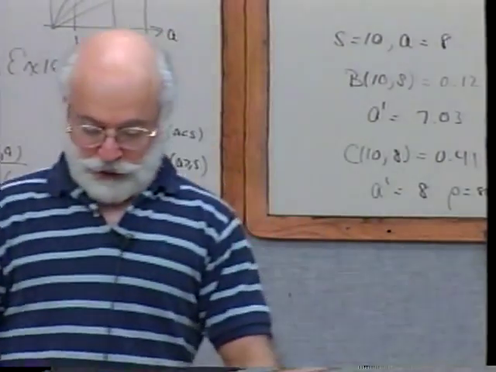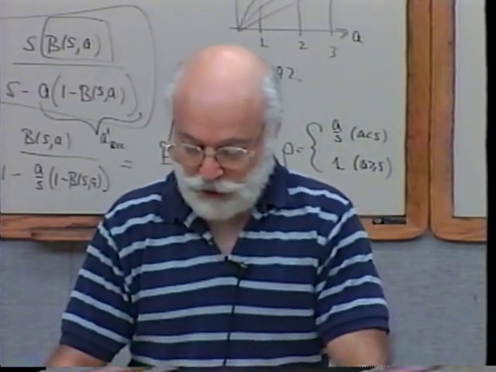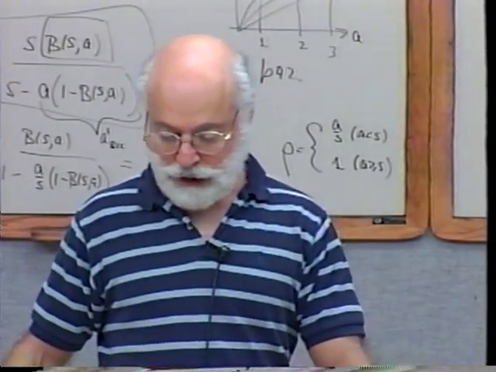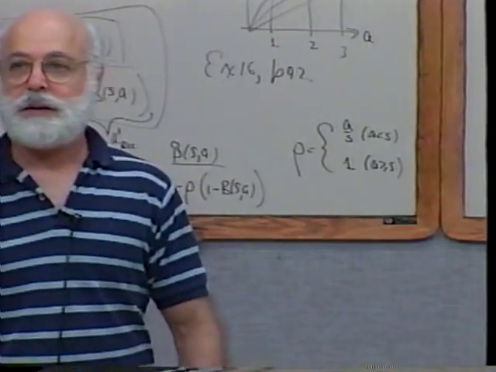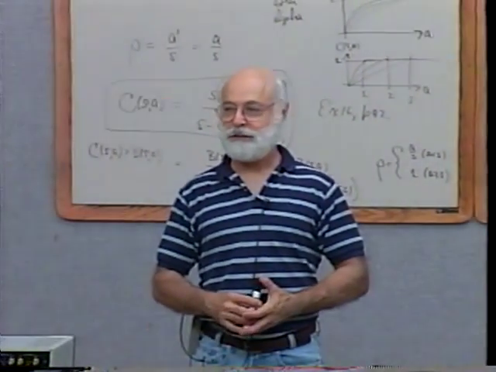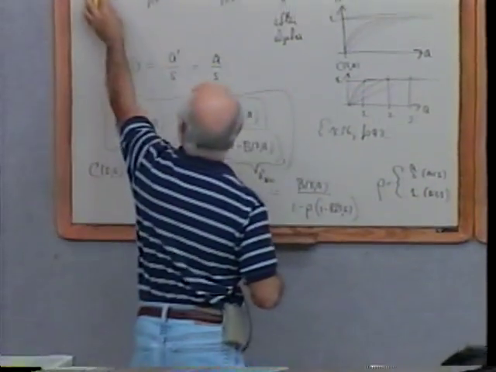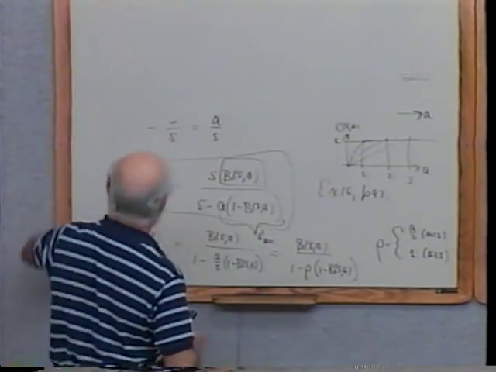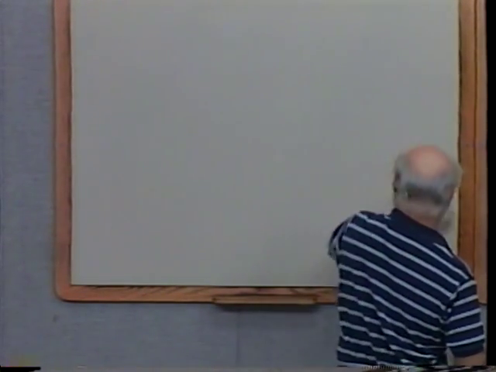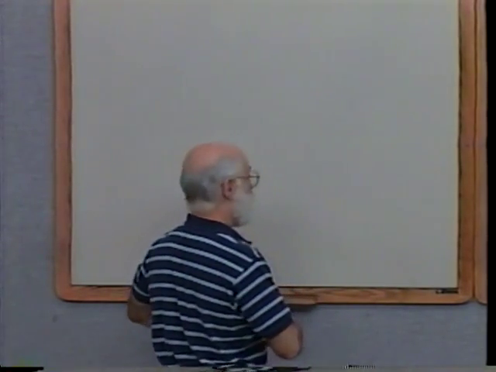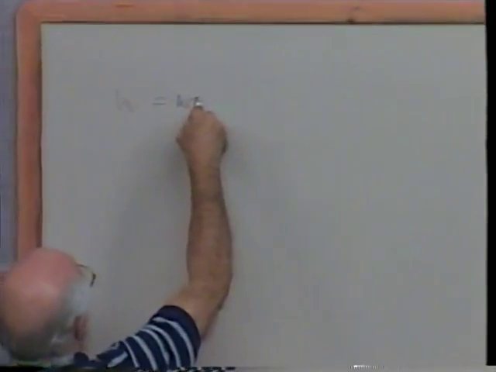Okay, so now let's look at the next section. Well, I'm going to skip the next section. I'm going to go to the section that begins on page 95. I'm going to talk about waiting times. Okay, so everything is simple, right? So now I'm going to let W equal the waiting time.